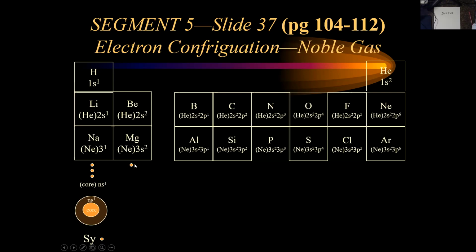If I'm going to this family, then what I'm going to get is a core with ns2. The only thing that changes is the n value here is 2, and then it's 3, and then it's 4. All the elements in that family would look like that. If we want to see what the picture looks like, they're going to have a core with 2 electrons in it, and notice they are paired up.